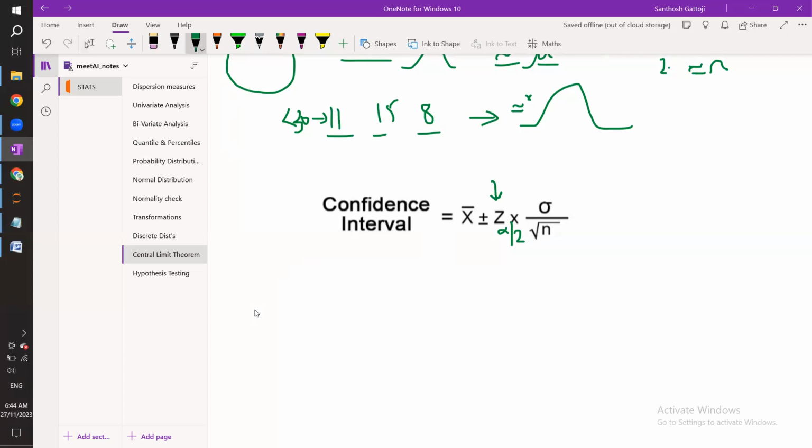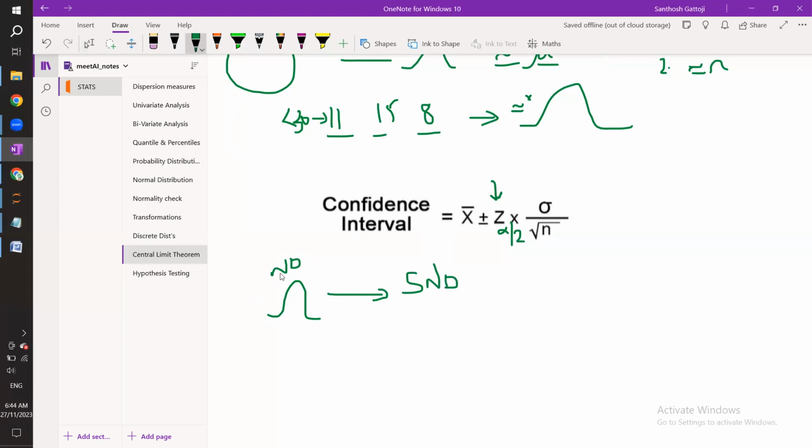The technique we used in the earlier scenario was that the central limit theorem was saying the sampling distribution will follow a normal distribution. Since we already got a normal distribution, we can easily convert it into a standard normal distribution.